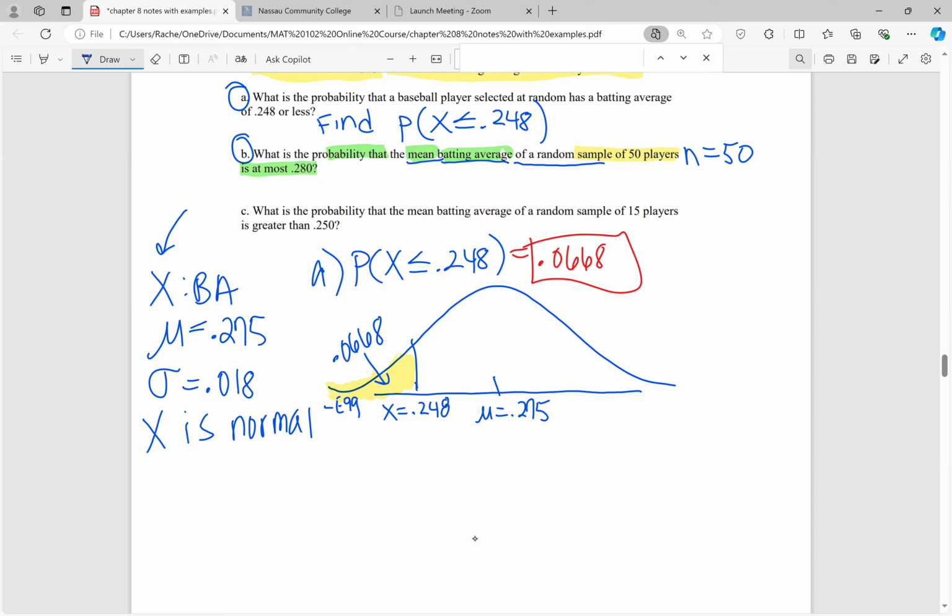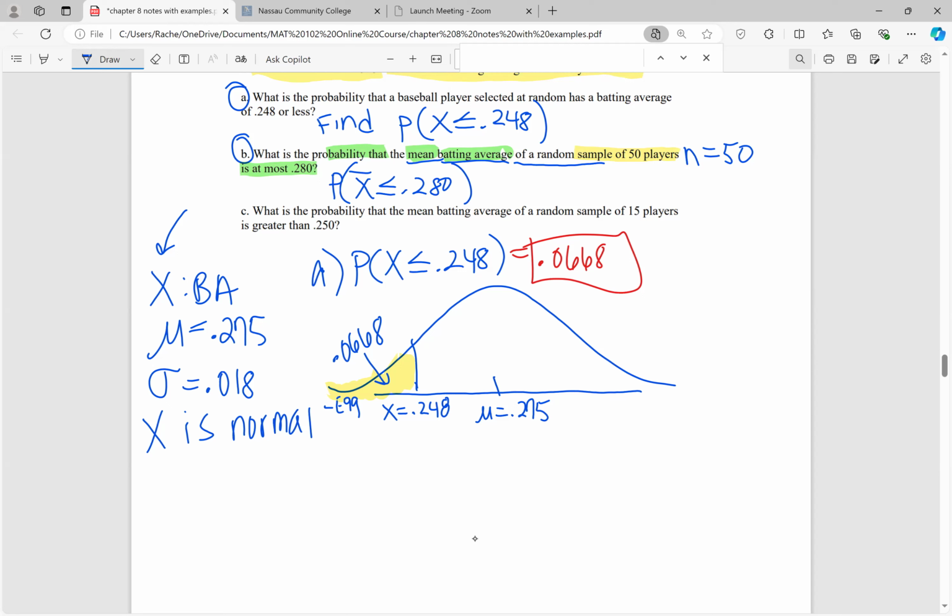The mean of a sample is X bar, right? So what I'm saying is, what's the probability that if I were to take a sample of 50 players, the mean of that sample, which is X bar, is going to be at most, or less than or equal to, 0.280? That's what I'm looking for right now.